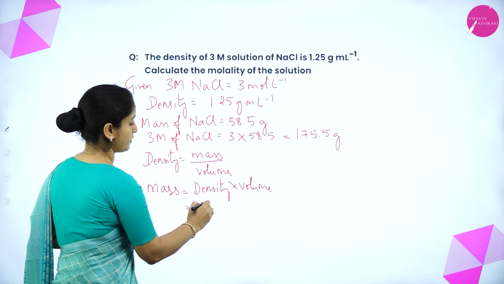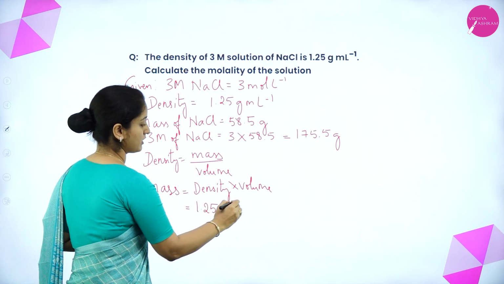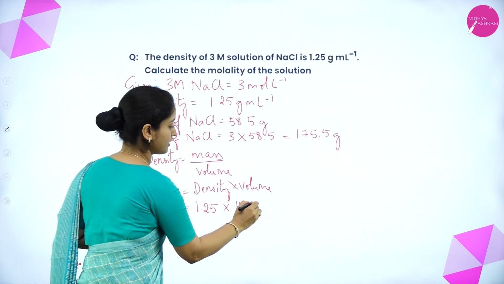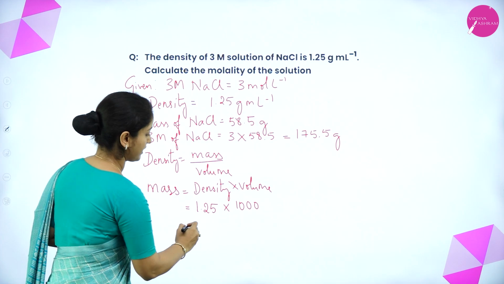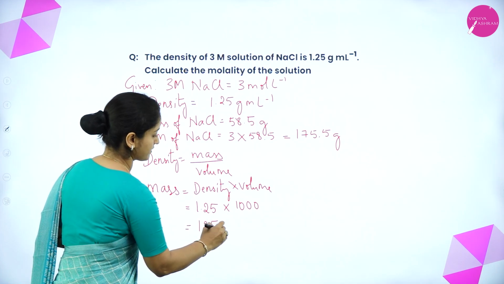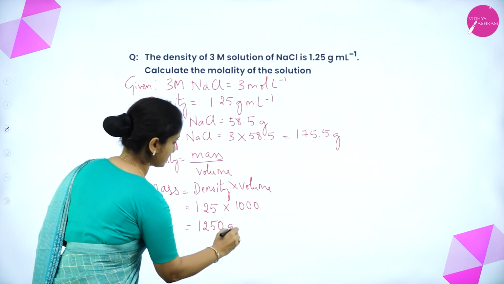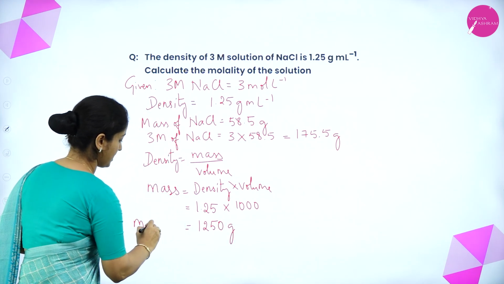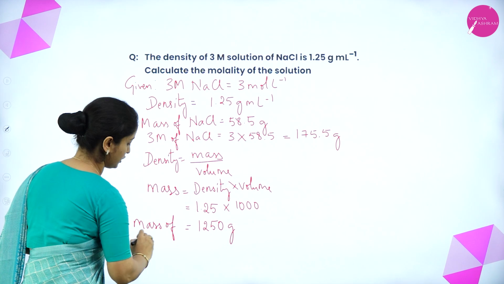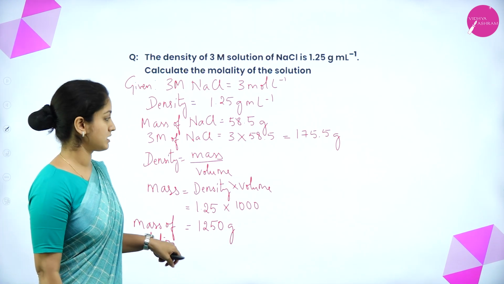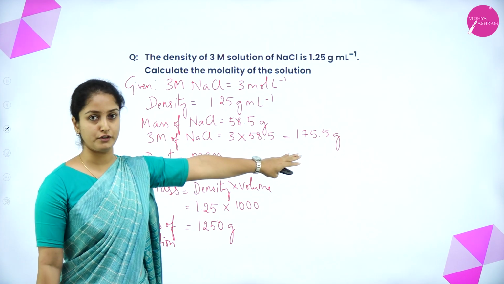It is 1.25 and the volume is 1 liter is equal to 1000 milliliter. So 1000 milliliter. Therefore, it is 1250 grams. This is the mass of solution. So this is mass of solution, this is mass of solute.